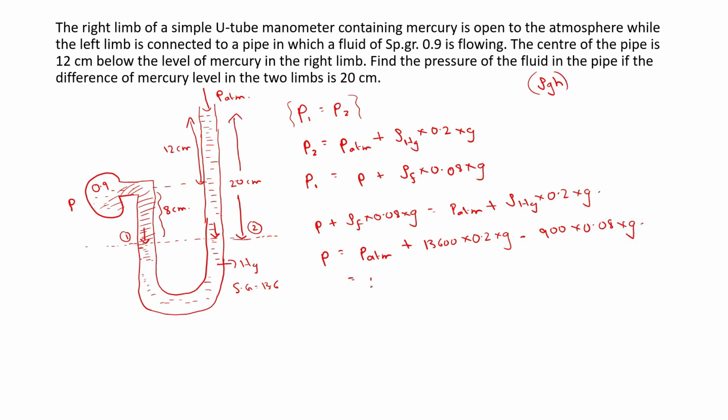So this is equal to P atmosphere plus 25,976.88 Pascal. So if you are taking only the gauge pressure, you can remove P atmosphere. So P you can say it to be 25.97 kilopascal, or you can say 25.98 kilopascal. So this is the gauge pressure. That means the pressure above the atmosphere.